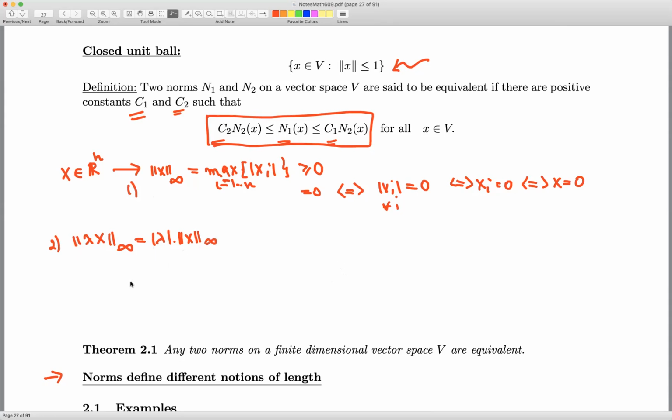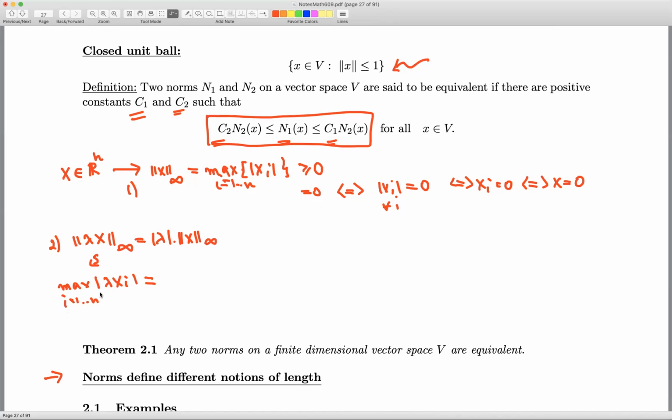And in order to do that, we do the following. Let's look at the definition. The norm of lambda x infinity is the maximum of the absolute value of lambda xi, where i goes from 1 to n. This is by definition.